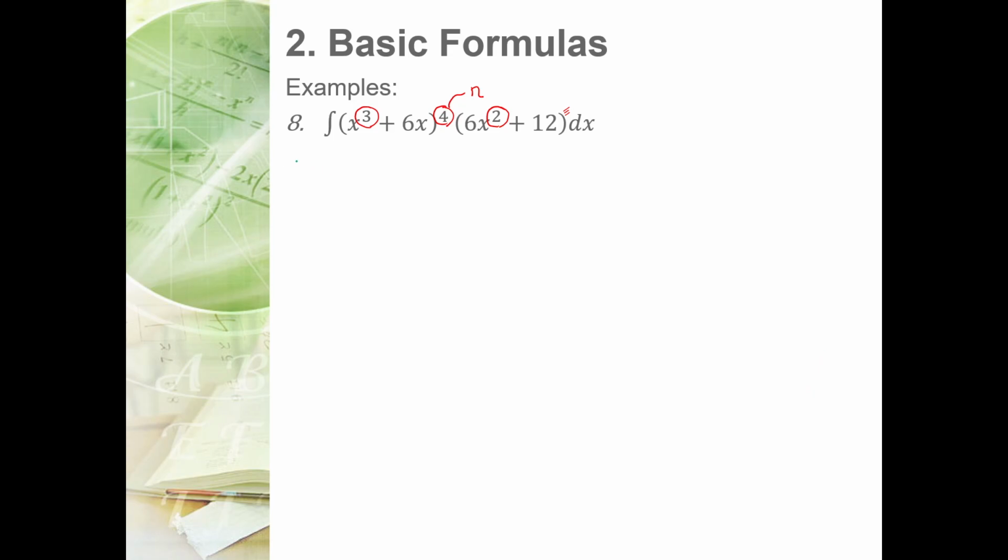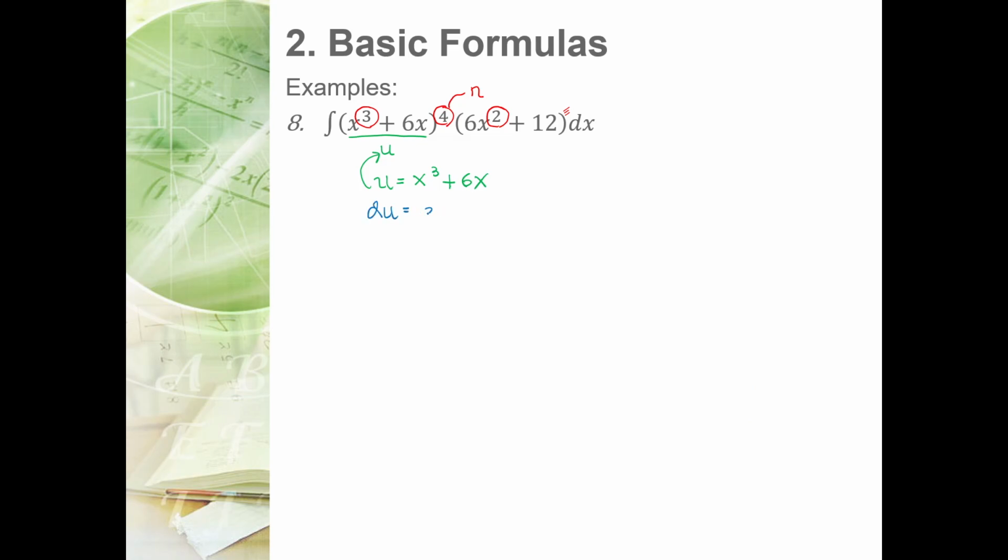For the u parameter, that will be x cubed plus 6x. Again, this will be the u parameter. Now, getting the derivative of your u parameter, this will be du.